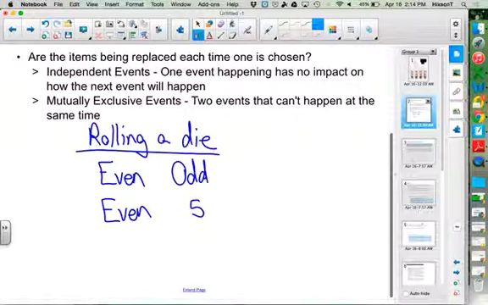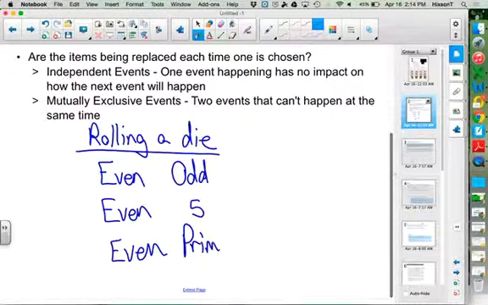Or how about, could I roll an even number and a prime number? Yeah, 2, right? So, are even and prime mutually exclusive?